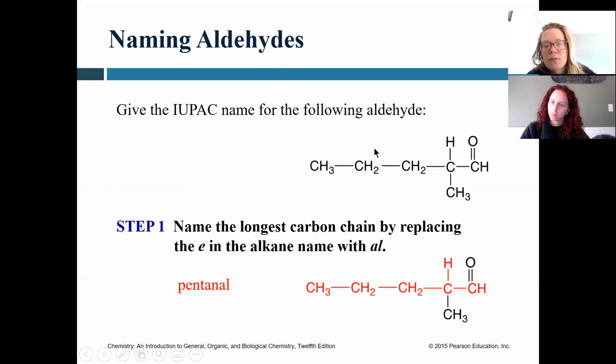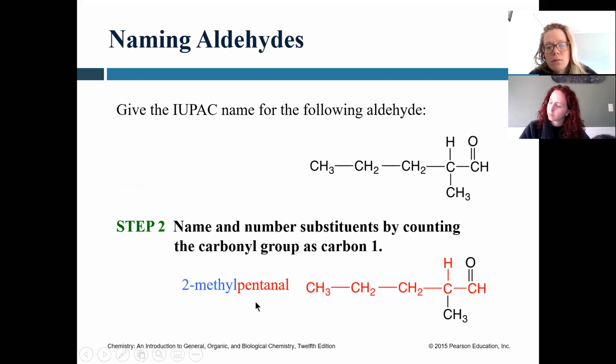This set of slides goes through that whole process. So there's our pentanal, and then we just need to number the accessory. Again, don't number based off of creating the lowest number for your accessory or your substituents. Always number from the aldehyde side. Good with that?